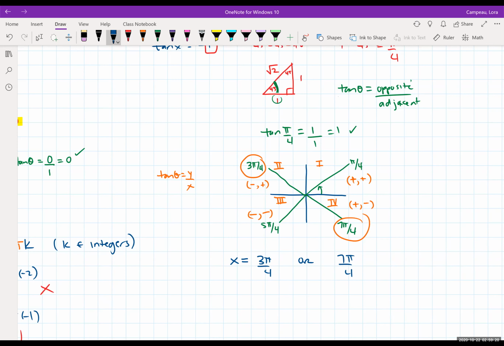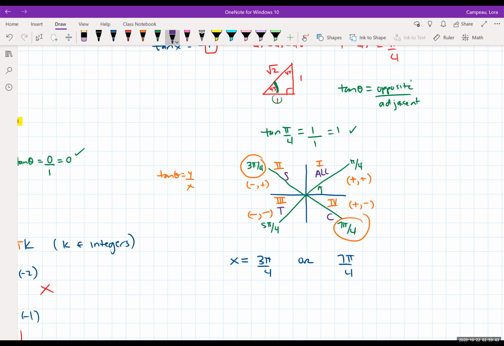Now, if you're playing with the signs and thinking about the coordinates, that works. I also am a big fan of "All Students Take Calculus." I don't know if you guys remember, quadrant 1 is All. All means all the trig functions are positive in quadrant 1.